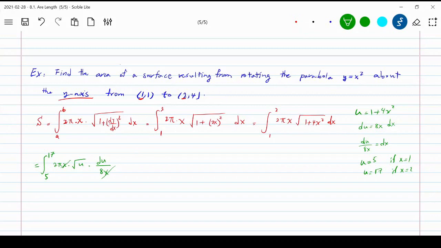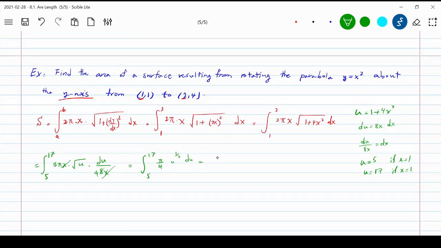And these x's can cancel out. You can cancel out the 8 and 2 and keep a 4 here. So it would be integral from 5 to 17, pi over 4 and u to the power 1/2 du.